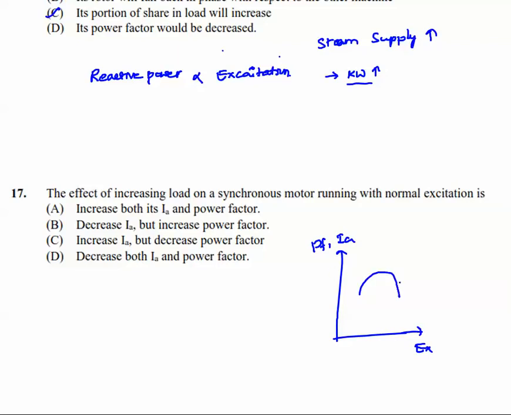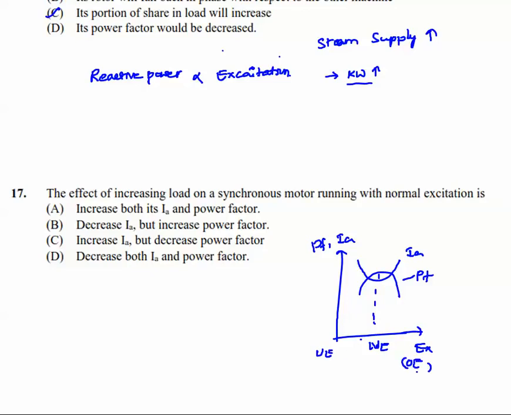This is the power factor curve, and this is our armature current. I'm just drawing roughly here. Here we have normal excitation, then under excitation, and here over excitation.